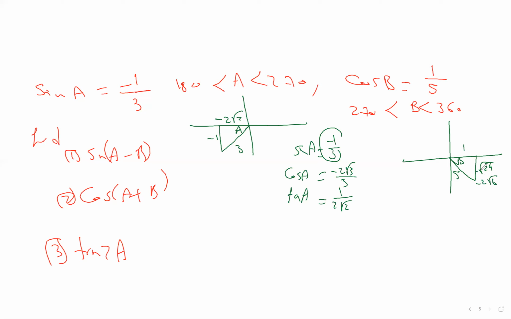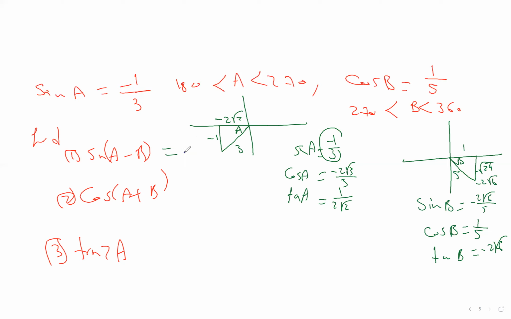The direction of this is negative. So sine B equals negative 2√6/5. Cosine B equals 1/5. Tan B equals negative 2√6. And use these rules to find the value of each.